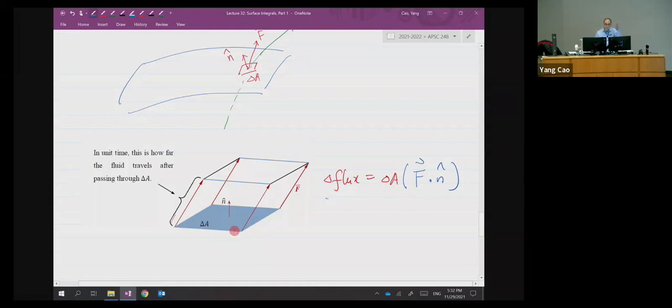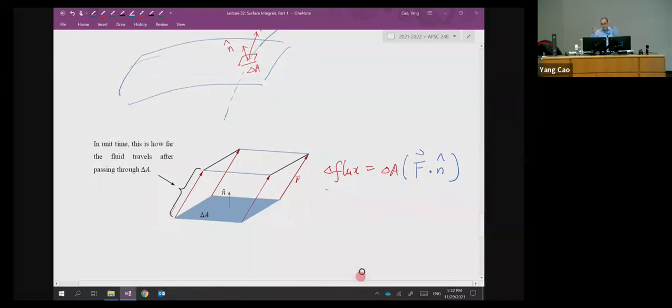What you're looking for is the total flux over the whole surface, or the total something passing through that surface. So you basically add up all the small delta flux, then you get a total flux, right? So now the total flux is equal to adding up this quantity, this delta flux.